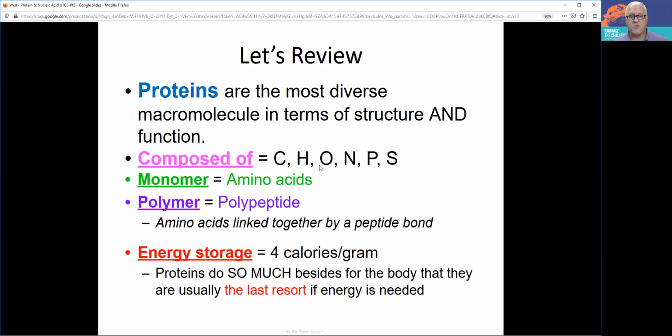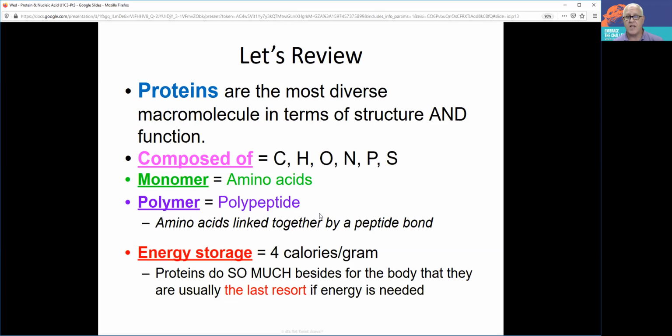So let's review these macromolecules for today. Proteins are the most diverse macromolecule in terms of structure and function. They're composed of the carbon, hydrogen, oxygen, nitrogen, phosphorus, and sulfur. The monomer of a protein is the amino acid. The polymer of the protein is the polypeptide, and it's amino acids that are linked together by a peptide bond.